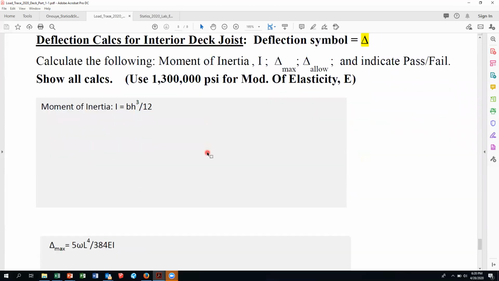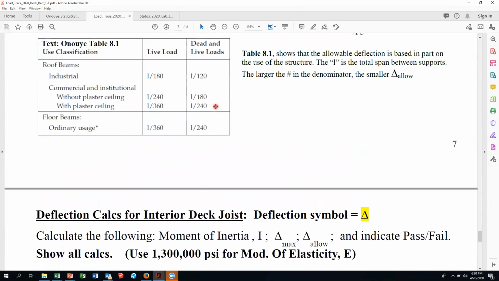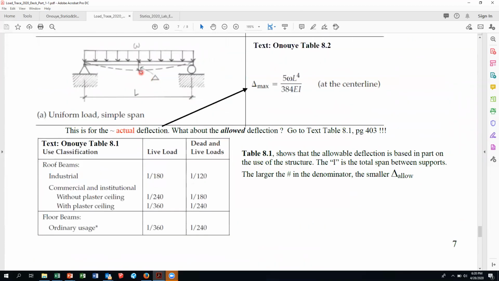So the formula for deflection max is basically for the actual deflection, right?